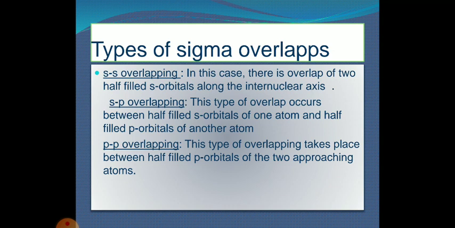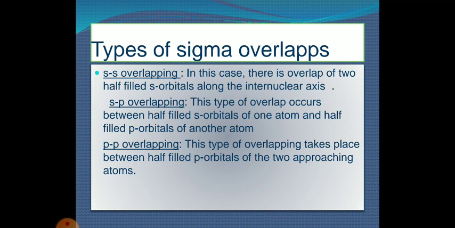The second thing is sp overlap. This type of overlap occurs between a half filled s orbital of one atom and a half filled p orbital of another atom. The third thing is pp overlap. This type of overlapping takes place between half filled p orbitals of the two approaching atoms. Here we can take the example of px px, py py or pz pz overlapping.